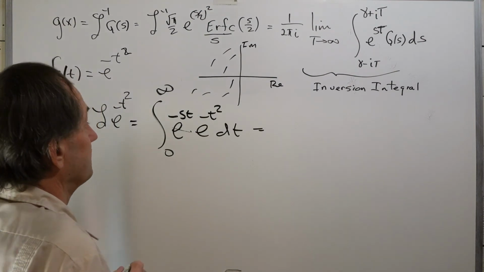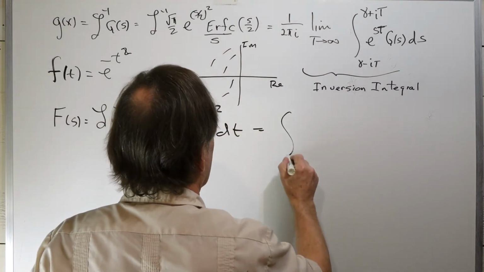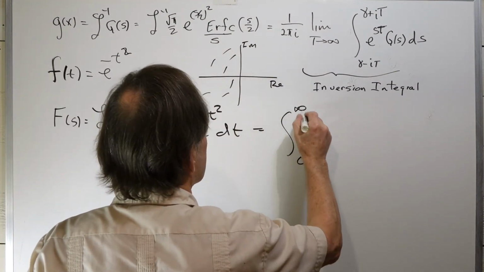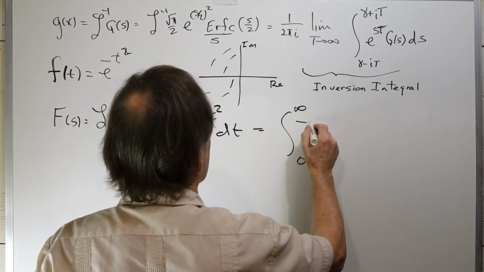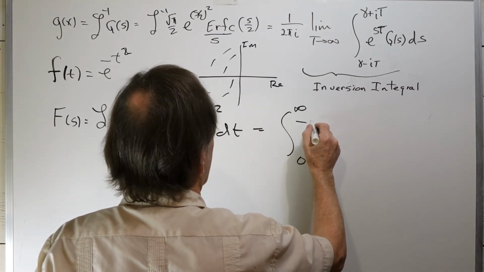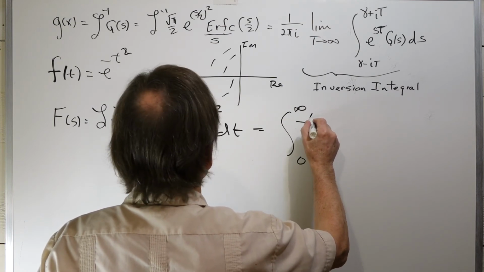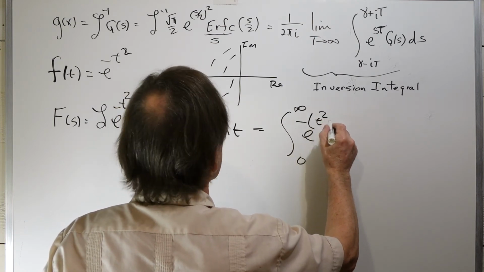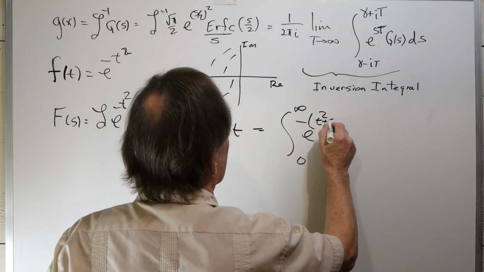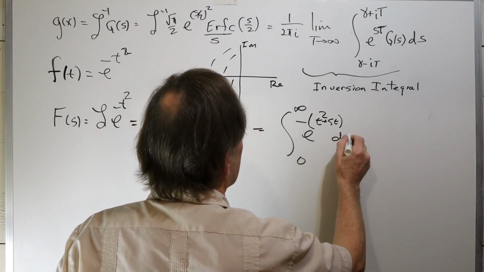Well, we have a product of two exponentials, so we can combine the exponents. So we have e to the minus, let's write it as t squared plus st, dt.